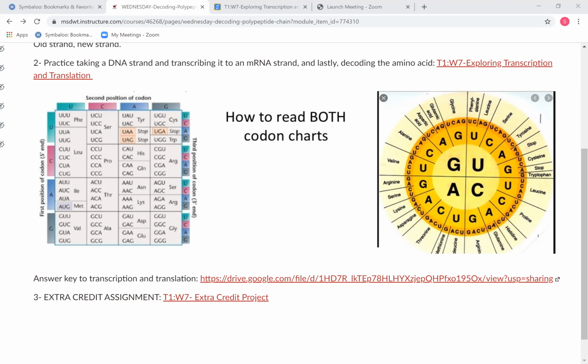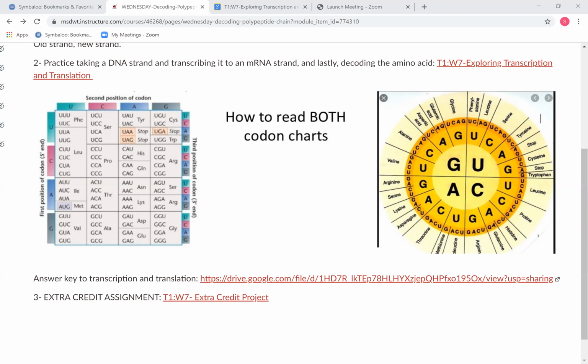The first position says I have an A. So I'm going to look for A. That means I'm looking for anything in this box here. Then I'm going to look for a U in second position, which means I'm looking for anything in this box here. And then the third position, which is a G, which is right here, which means this is what I'm looking for. Because as you continue to narrow down your focus, it leads you to your final answer.